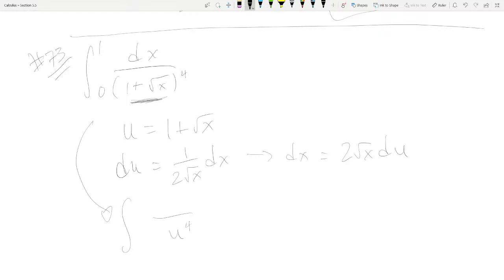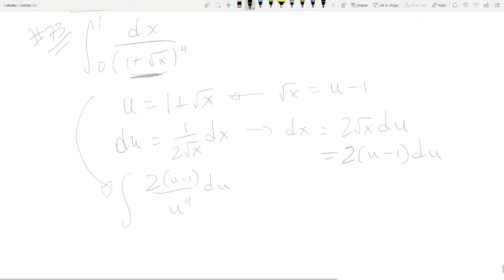We can't have x and u living in the same location. So we're going to have to deal with that. And the way we do that is we solve for root x here. Root x is equal to u minus 1. So this is equal to 2 times (u minus 1) du. And that's what I substitute in. So I have 2(u minus 1) du.